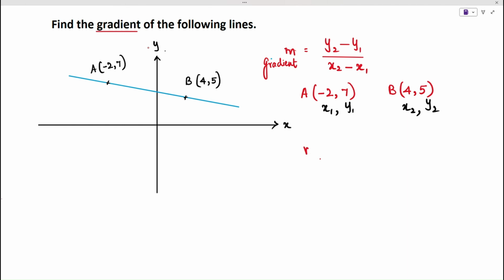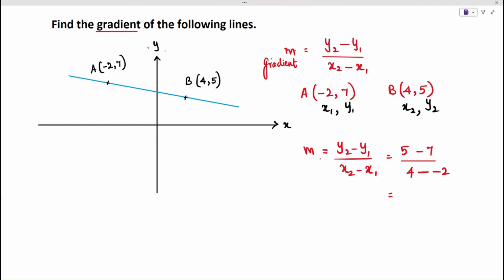We can now substitute them into our equation here, and we can get our gradient. So we have m is equal to y2, which is 5, minus y1, which is 7, over x2, which is 4, minus x1, which is -2.